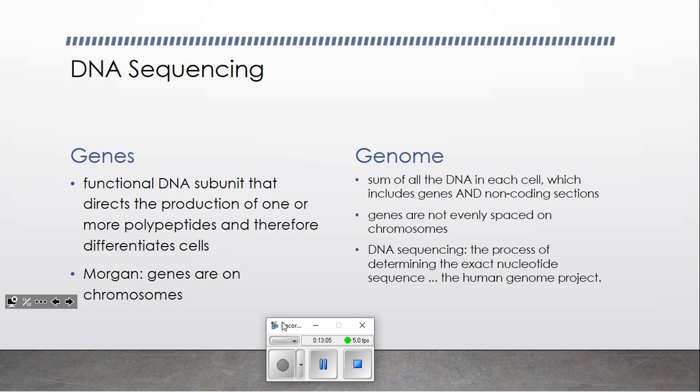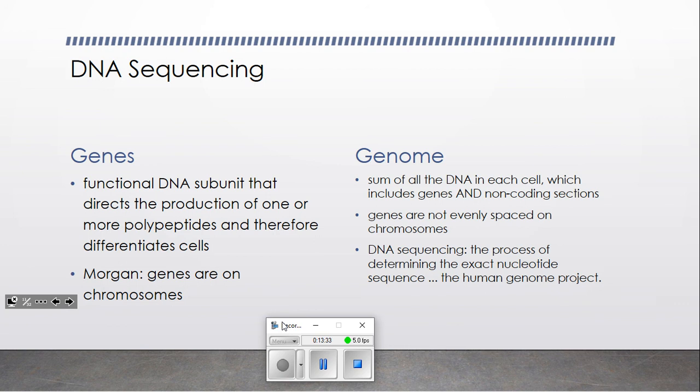And I say doesn't appear because I'm sure we'll discover something in the future, and then people in 100 years will be like, haha, look at those silly people back in 2021. Look at what they thought. But for now, it appears as though there are sections of your DNA that are not coding for anything. They're not directing your cell to produce one or more proteins or polypeptides.